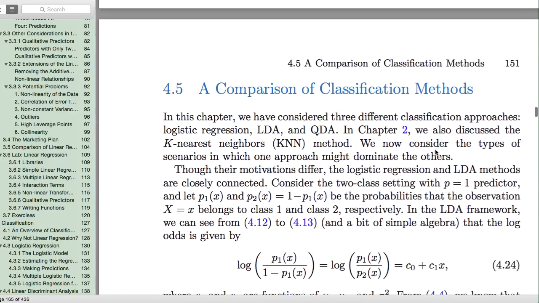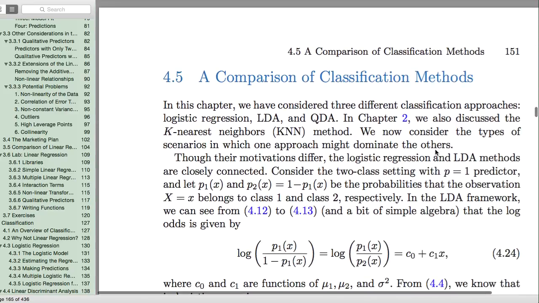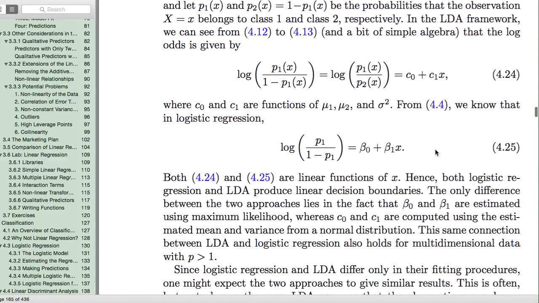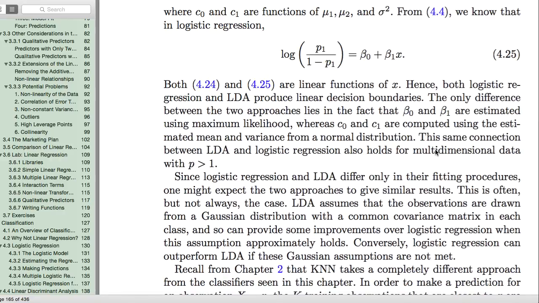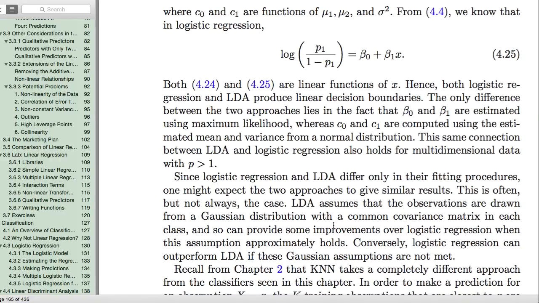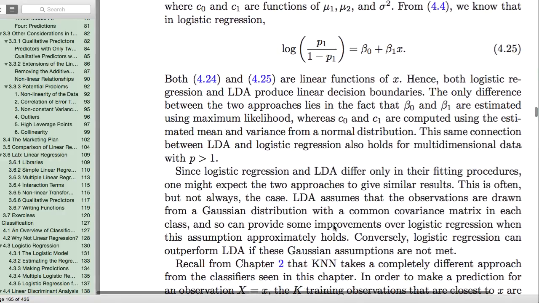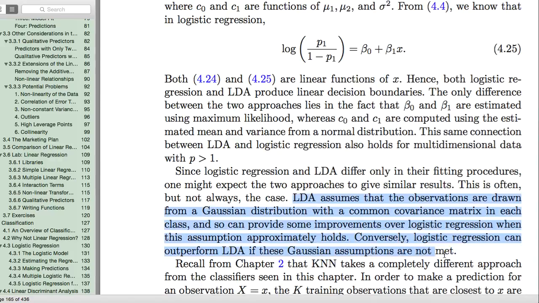Okay, so here's a comparison of all these methods, and the comparison boils down to some pretty simple things. First of all, what's the difference between linear discriminant analysis and logistic regression?